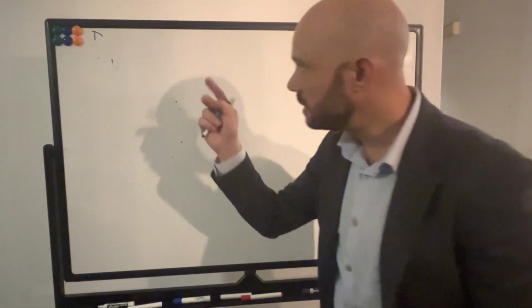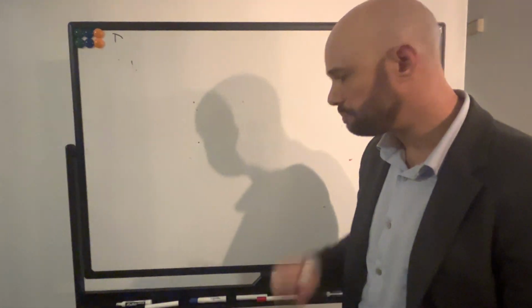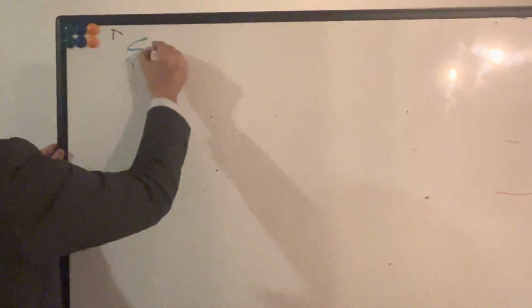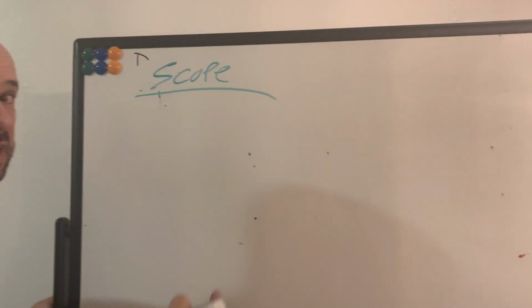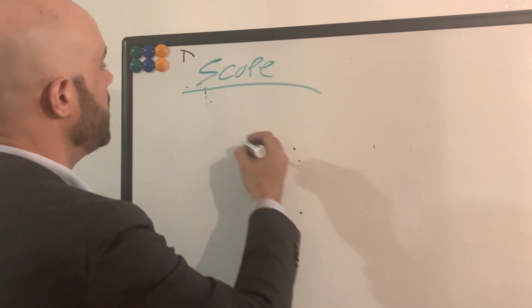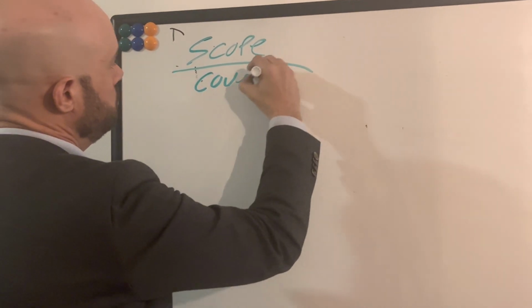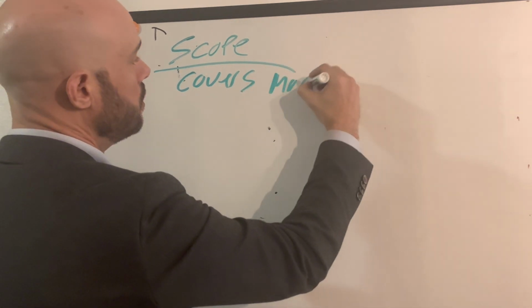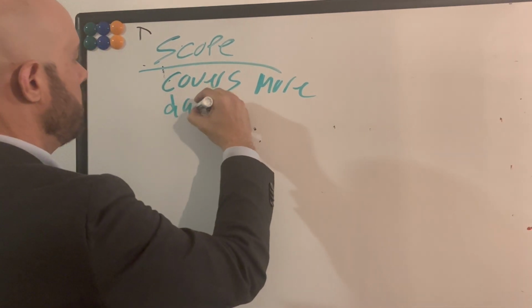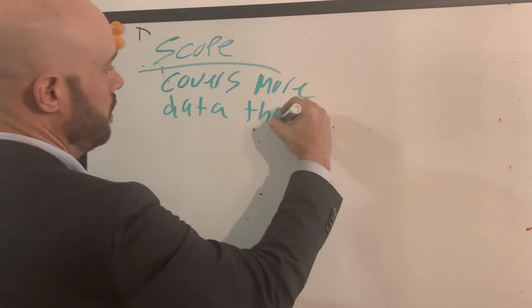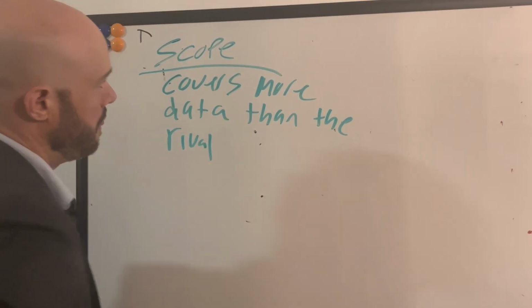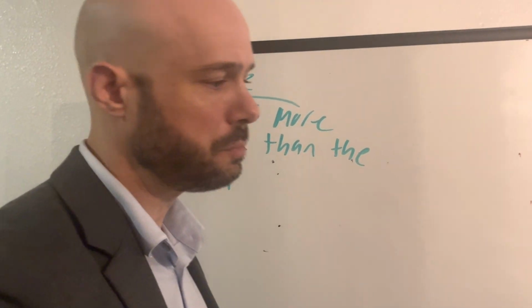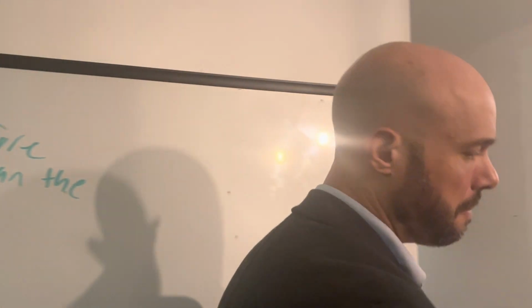The first criteria that I want to talk about is explanatory scope. Explanatory scope is that the best explanation explains or covers more data than the rival. So the best explanation then covers more data than its rival explanation.